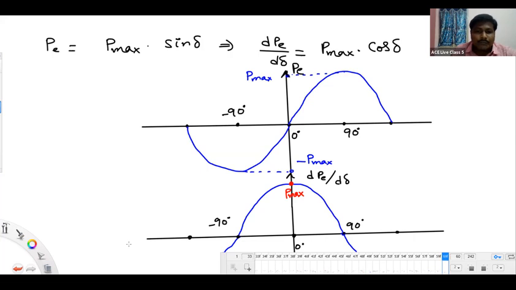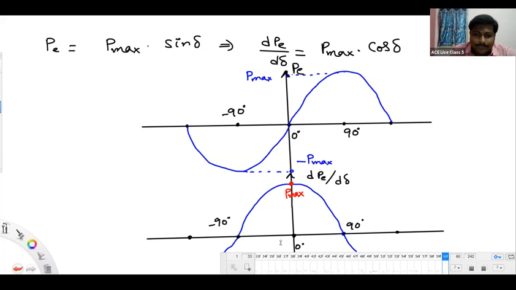Simple question to you. When can we say the system is stable? Very simple. If the operating point lies in the positive slope region, then the system will be stable. Right?